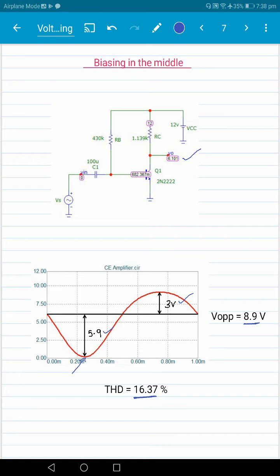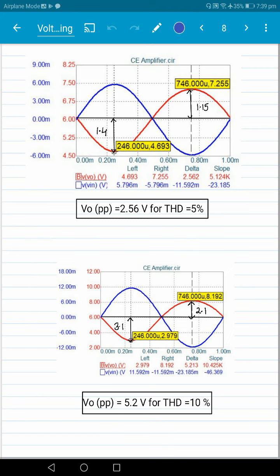If you're not happy with this high distortion, then you would like to reduce the distortion, and therefore you would like to reduce the input voltage. You reduce the input voltage and the output voltage will also reduce. As you reduce the input voltage, the impact of nonlinearity becomes smaller and you get smaller distortion. Let me show you some results. For example, if you want harmonic distortion of 5%, then you will get a swing of only 2.56 volt for biasing in the middle.